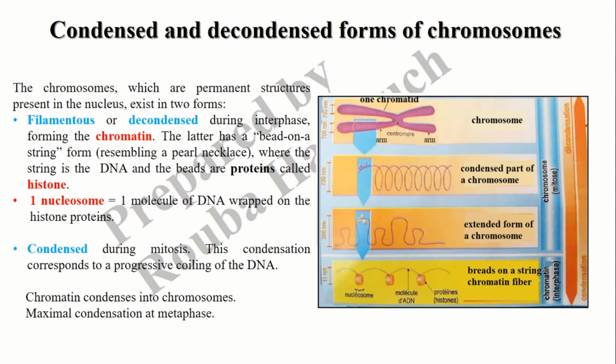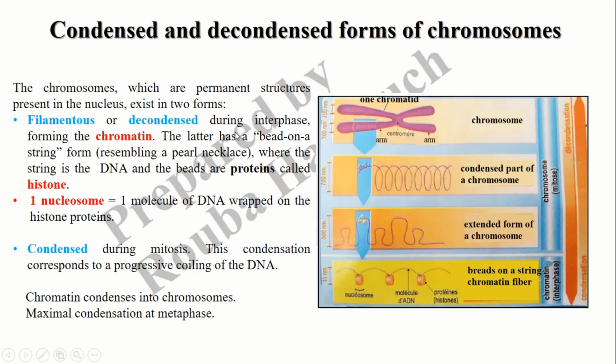So, we can say that the chromosomes are permanent structures. They are always present in the nucleus, but they exist in two different forms. The first form is the filamentous or decondensed form observed during interphase. The decondensed form of chromosomes is called chromatin.